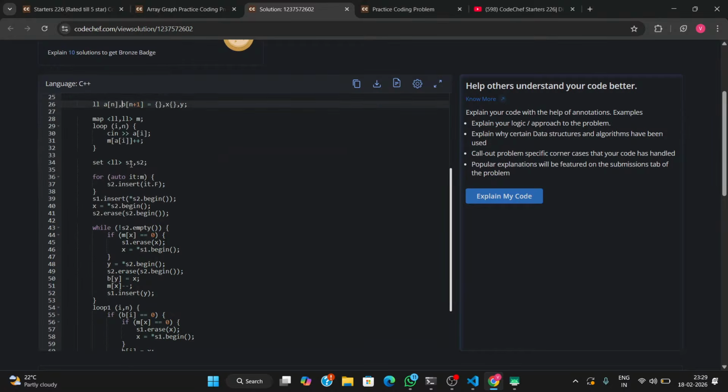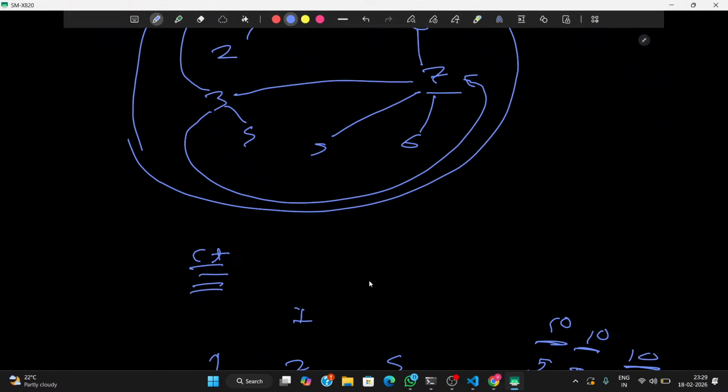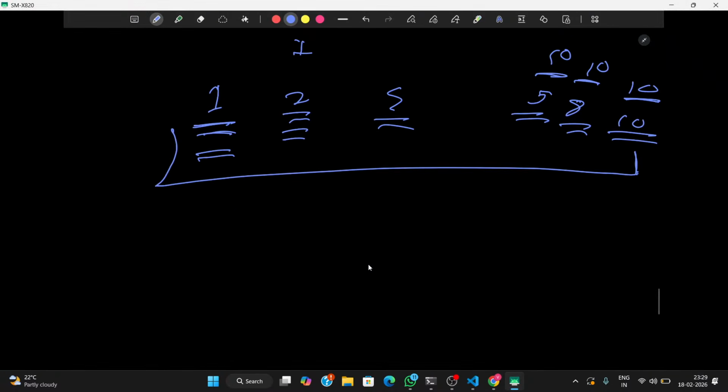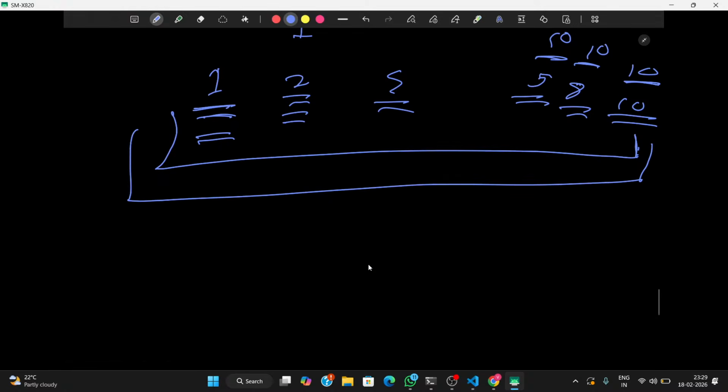Okay. So what is this set S1, S2? I am just implementing like this. So I first of all took one element, right? First of all, I need to connect all of these elements of the map only. I will start with one element. I will say that this element is a part of the component.